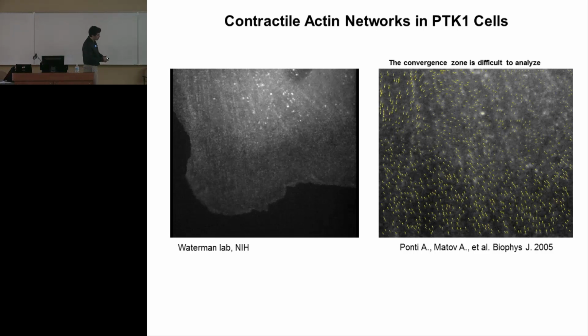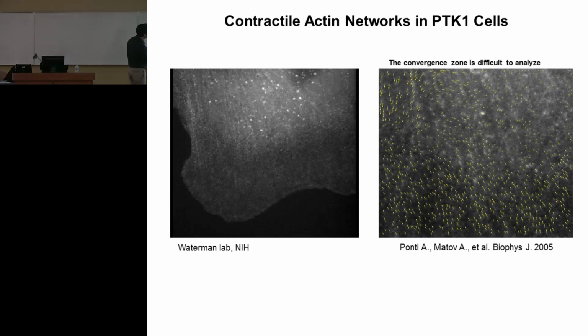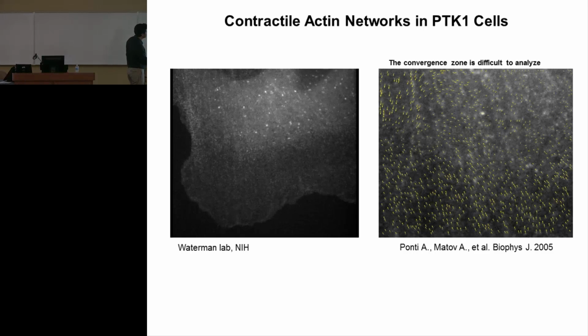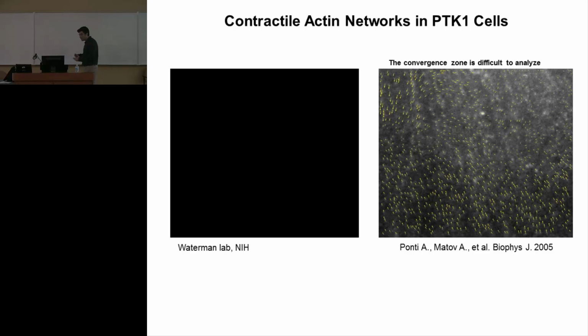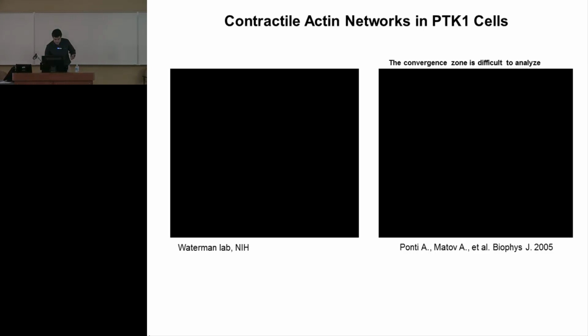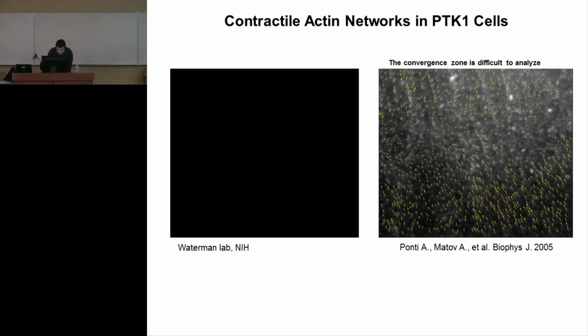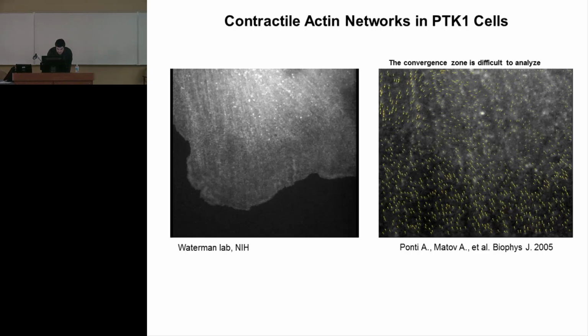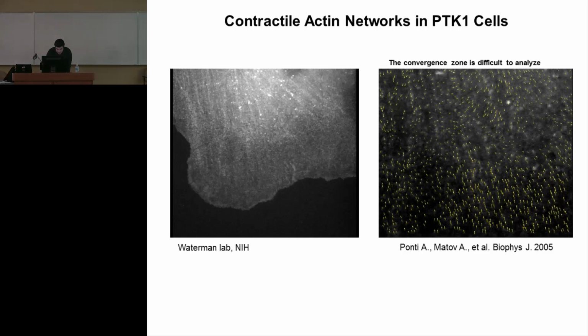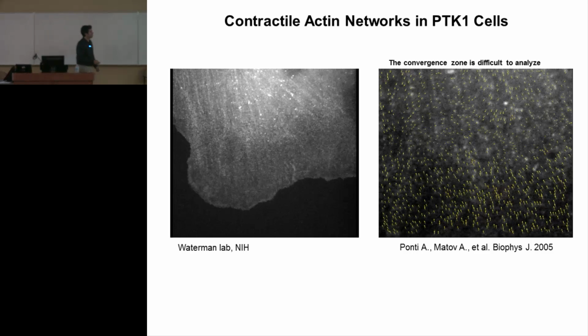So that's again a leading edge of a cell. Instead of microtubules, we have another protein, actin. I worked on an algorithm that was using neural networks and a nearest neighbor to do this tracking, and you can appreciate that there are errors here.